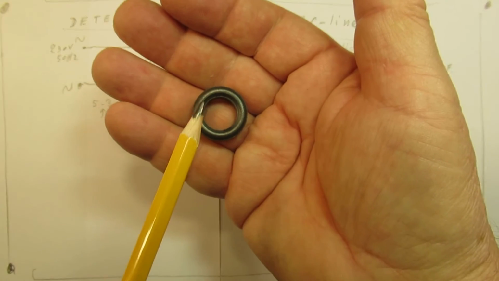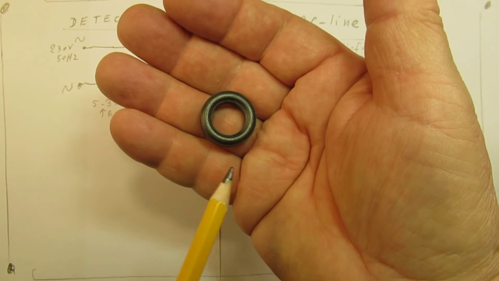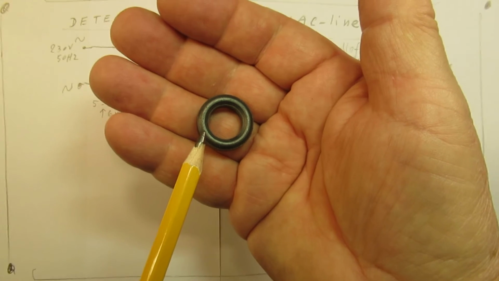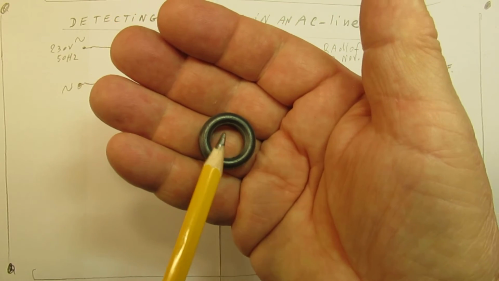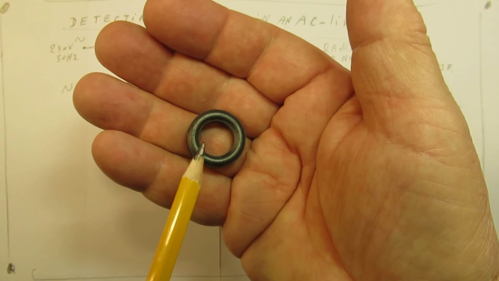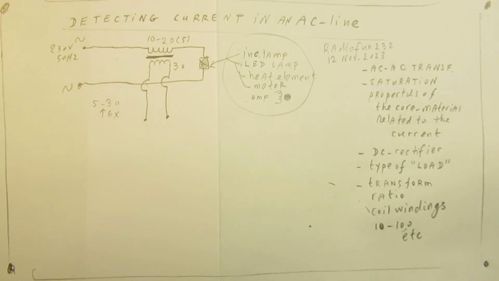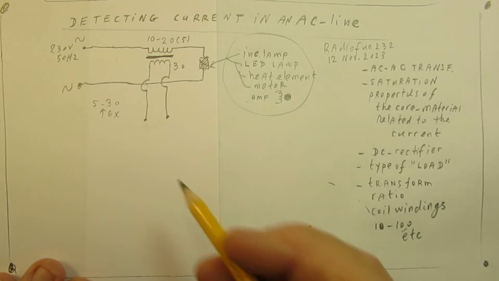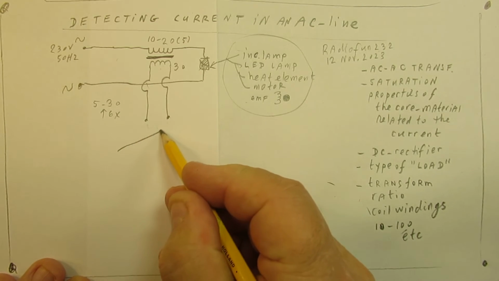And because this material does not easily saturate, there could be a better linear response regarding the voltage that you measure.